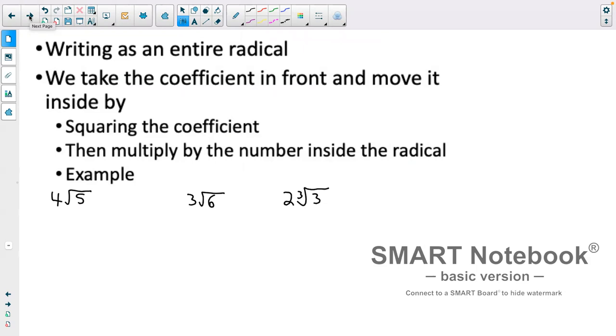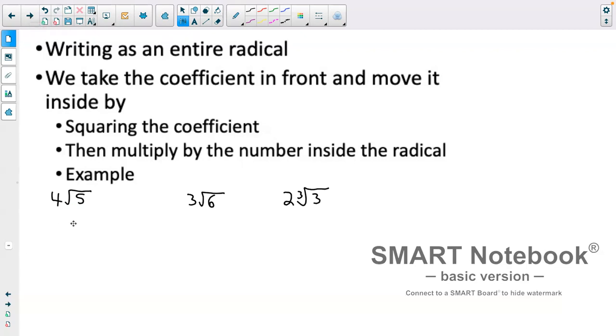So we need to move a coefficient from the front and move it inside. We do it by squaring the coefficient and then multiplying by the number inside, if it's a square root. If it's a cube root, then we cube the coefficient and move it inside.